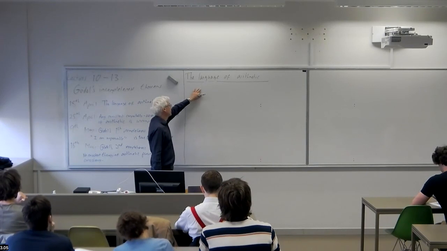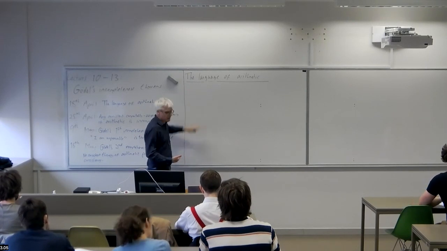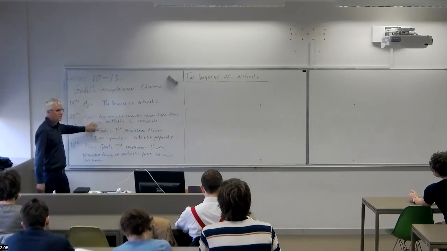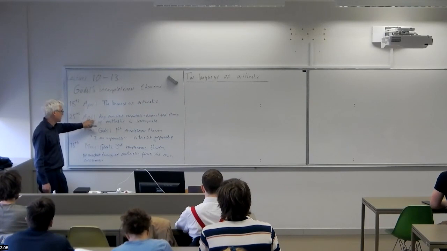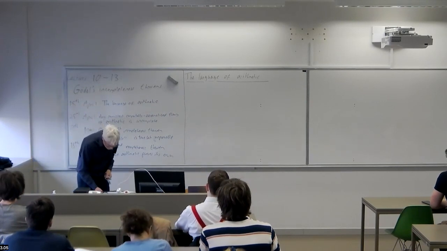We're going to be looking at the language of arithmetic, which allows us to formulate properties of discrete mathematics, and then we're going to get these surprising results that we don't just have a theory that's not decidable, but we can't even axiomatize the truths of that theory.